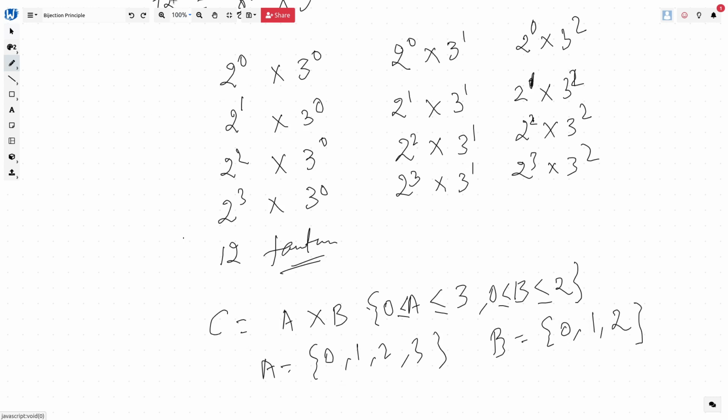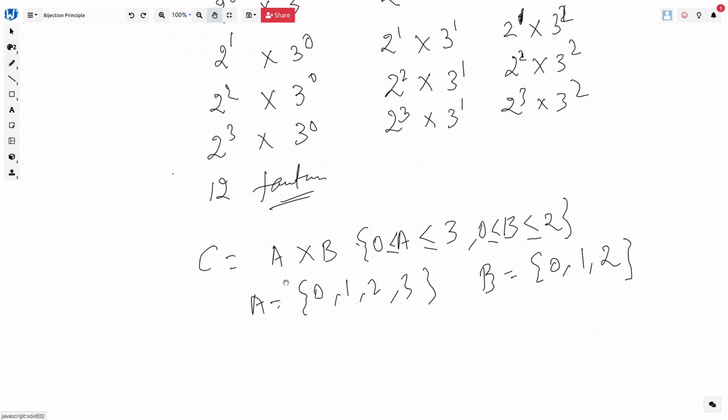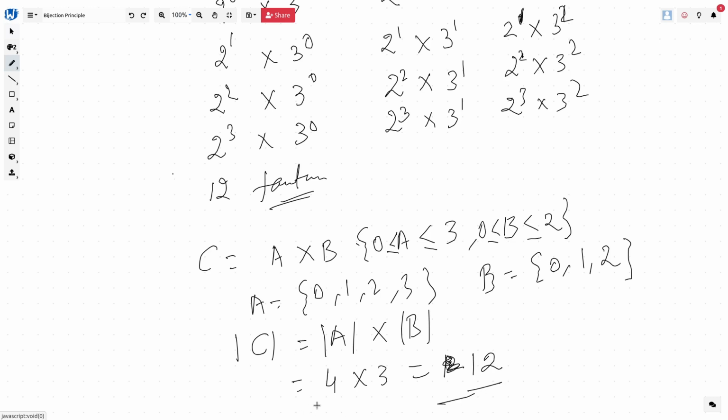And by the multiplication principle, we know that the cardinality of C is the cardinality of A into the cardinality of B, which is 4 into 3, which is again 12. So this is the use of the Cartesian product mapping.